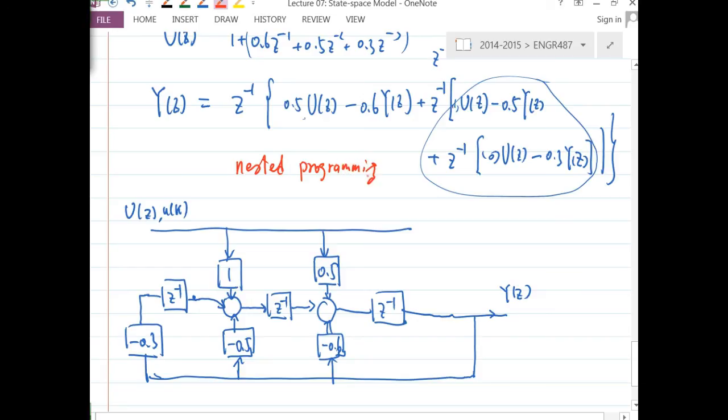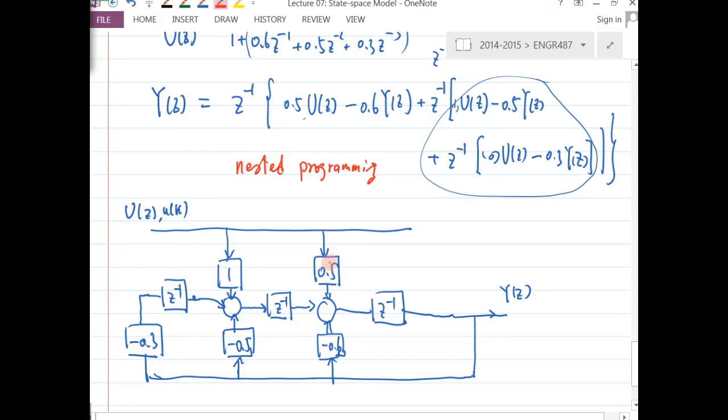Why did you use that delay? Pardon me? What do you use the delay? The very top bar that you got, like the 0.5. Why doesn't the delay go along there? Sorry, I didn't quite get your question. Why do you have this one here, you mean? If you have 0.5 u z, for example, right at the beginning of your y z equation, why is that multiplied by z to the negative 1?